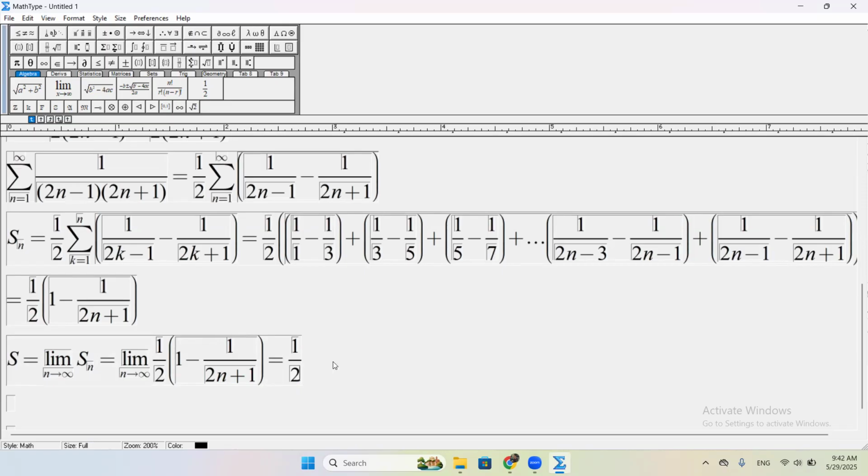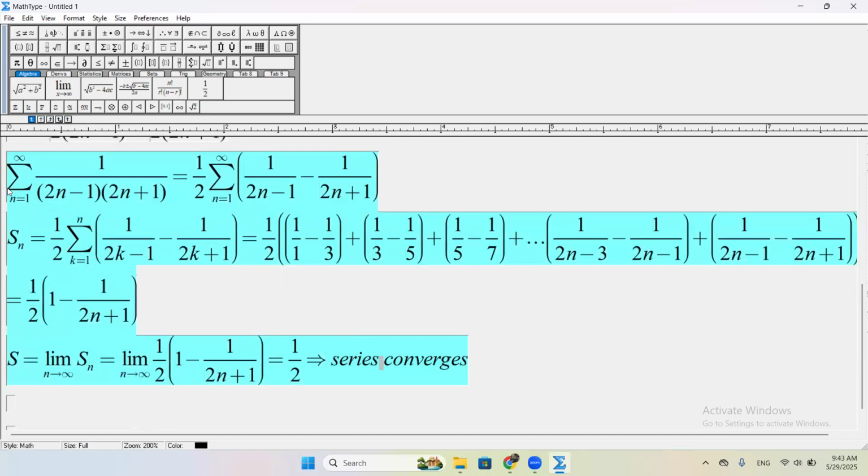So this is the sum of the series. And as we could find this sum, it is finite, so we will write down that the series converges. So this is the final solution. Any questions about this exercise? Okay, if no questions, let's move next.